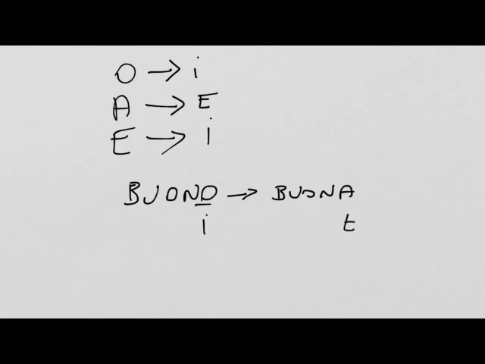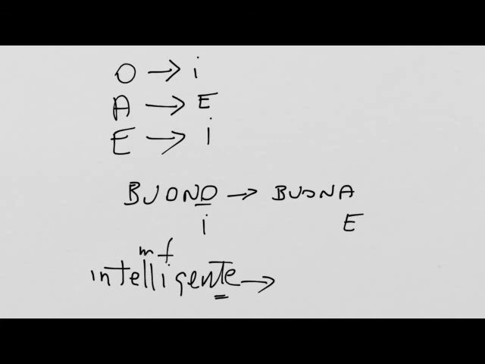Buoni, buone. And there is a second class of adjectives that end with e. Intelligente works both for the masculine and the feminine. It has a plural form, intelligenti, that also works with masculine and feminine.